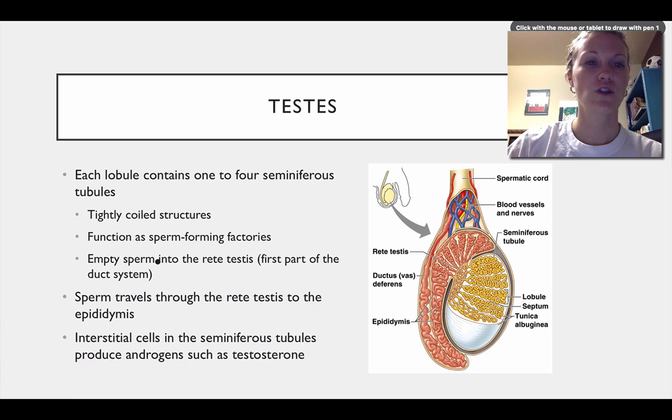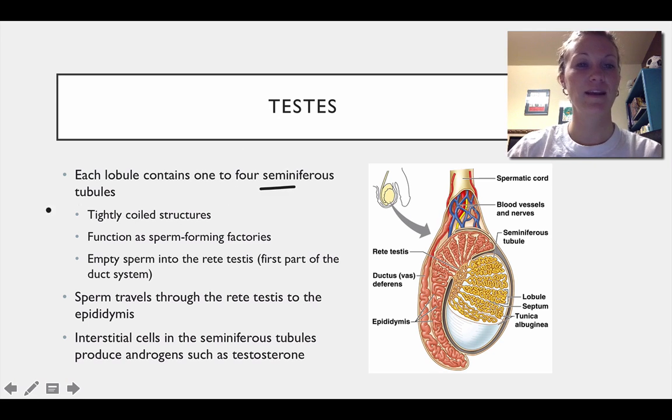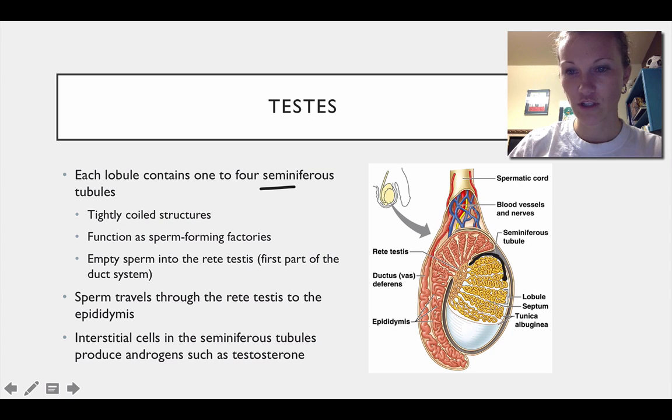Each of those lobules contains one to four seminiferous tubules. These are tightly coiled structures, and you can see them right in here. Those function as the sperm-forming factories.